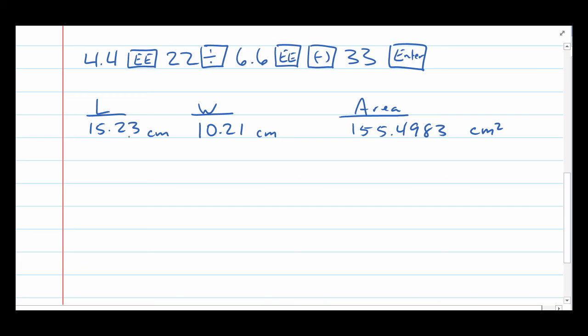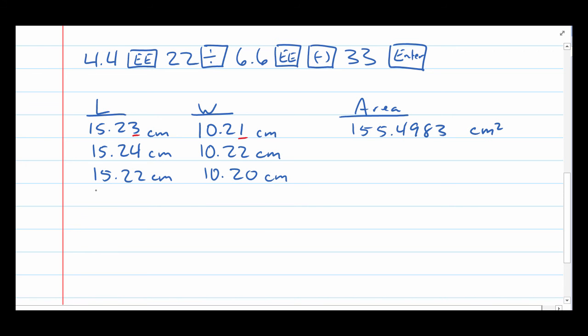So now remember that these digits on here are the uncertain digit. So if I repeated the measurements, maybe the next time I come up with 15.24 centimeters by 10.22 centimeters. And maybe I repeat it again and come up with 15.22 centimeters by 10.20 centimeters.